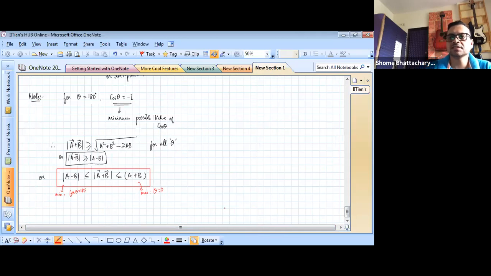So now this last equation that we've got, we got by combining the theta equal to 0 case and the theta equal to 180 case. This is why we've written the theta equal to 180 case, and earlier we had written the theta equal to 0 case. So combining the two, you see that is what happens.